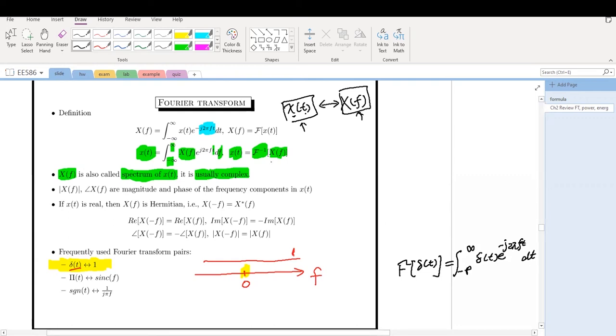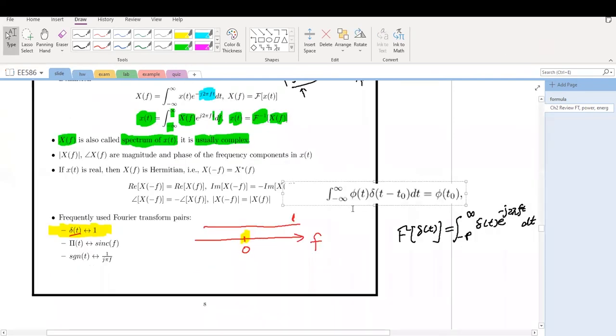Now let's bring up the property of the delta function. This is a property of the delta function that extracts the function value at t naught. So we take the integral from minus infinity to infinity of phi(t), that's any function, multiplied by delta(t minus t naught).